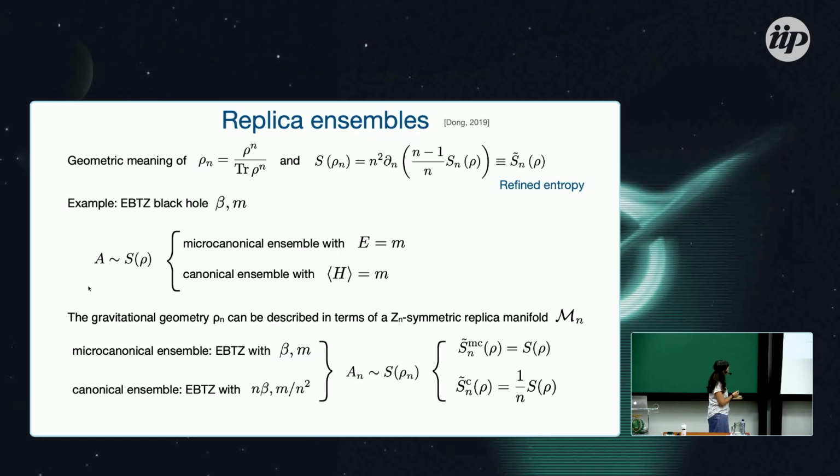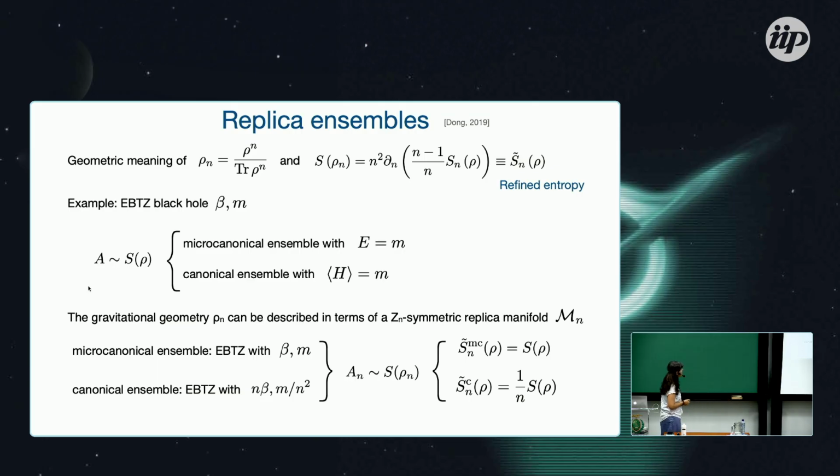If we think in a replica construction of these quantities, the normalized replica density matrix has an associated von Neumann entropy at high enough temperatures, once we are in a black hole state, which was also dubbed the refined entropy, and it is related to the Renyi entropy in this way.